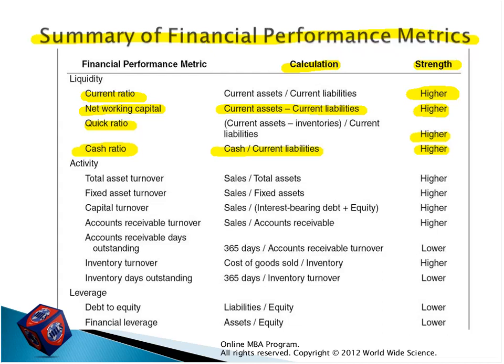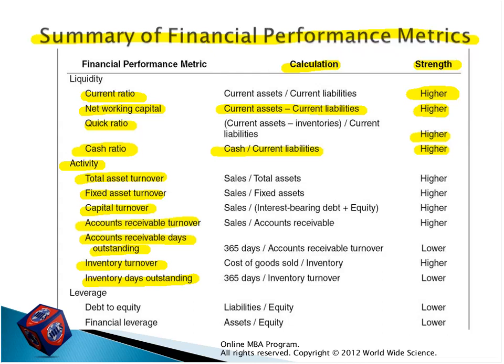Next one, we have activity ratios, the same as asset management ratios. We have the total assets turnover, the fixed assets turnover, the capital turnover, the accounts receivable turnover, accounts receivable days outstanding as well, inventory turnover, and inventory days outstanding.